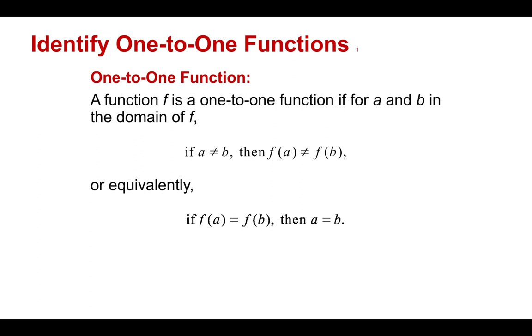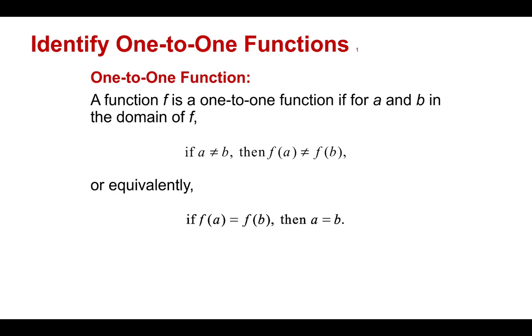Now, if you think about quadratic functions, if we have a regular quadratic, just x squared, and I plug in -1, I get out 1. But if I plug in 1, I also get out 1. Those two x values are not equal to each other. -1 doesn't equal 1.